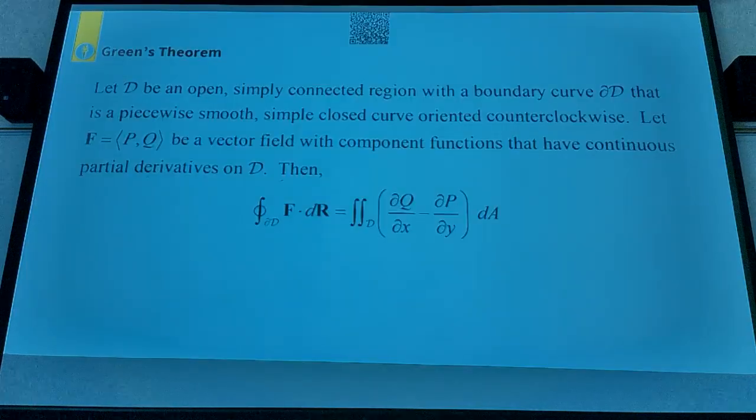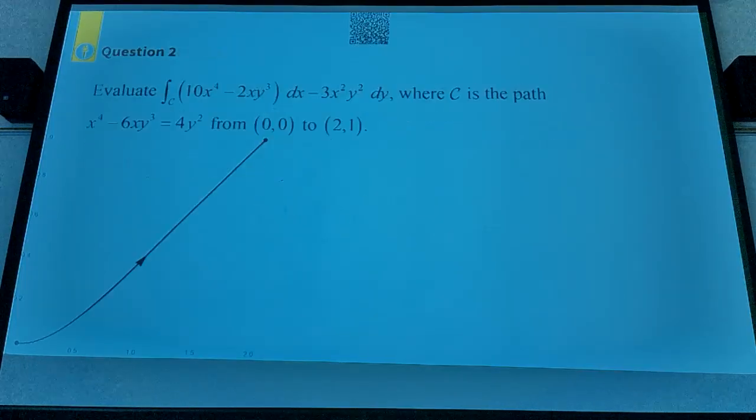You need to parameterize that. Oh dear, that is going to not be fun. Oh, but would we be able to use the fundamental theorem of line integrals? Because if this is path independent, this just became a lot easier. When would it be path independent?